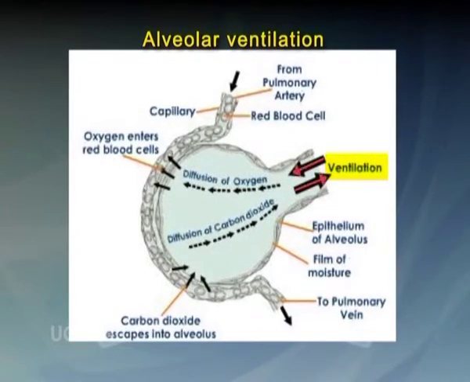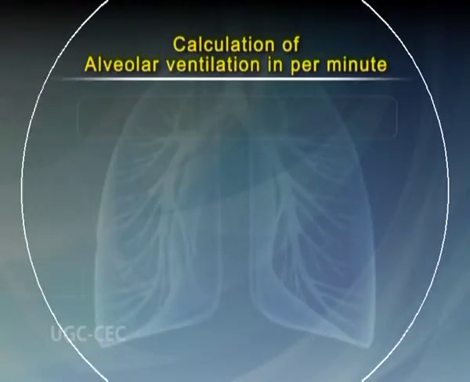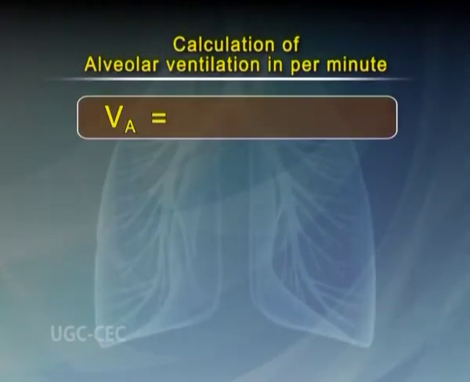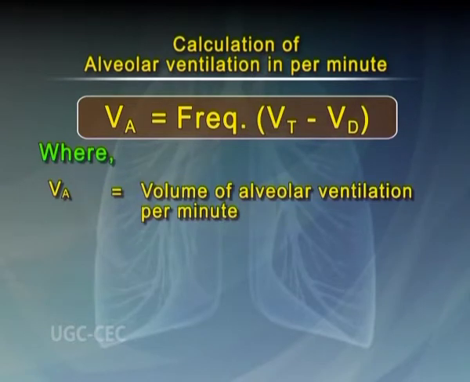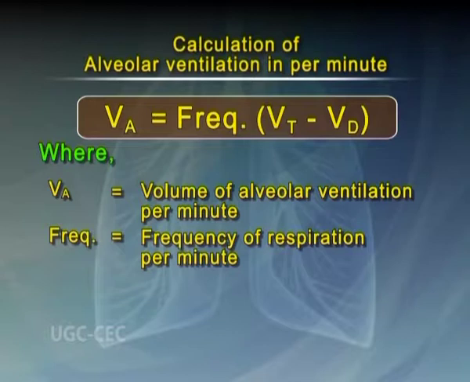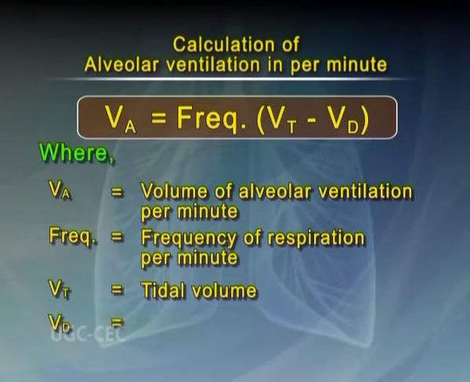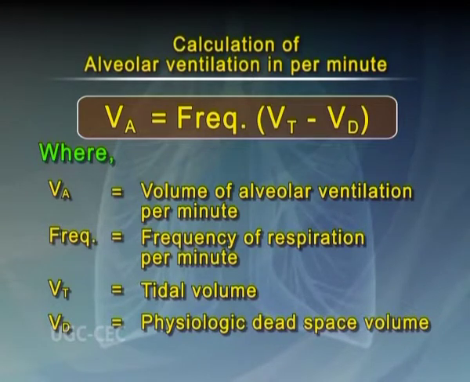It may be calculated as VA equals frequency times (Vt minus Vd), where VA equals volume of alveolar ventilation per minute, frequency equals frequency of respiration per minute, Vt equals tidal volume, and Vd equals physiologic dead space volume.